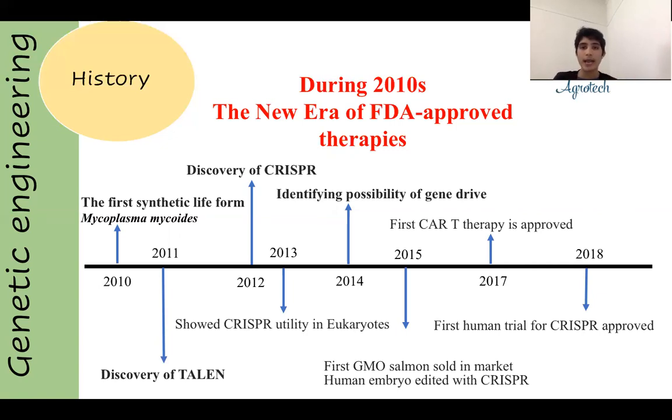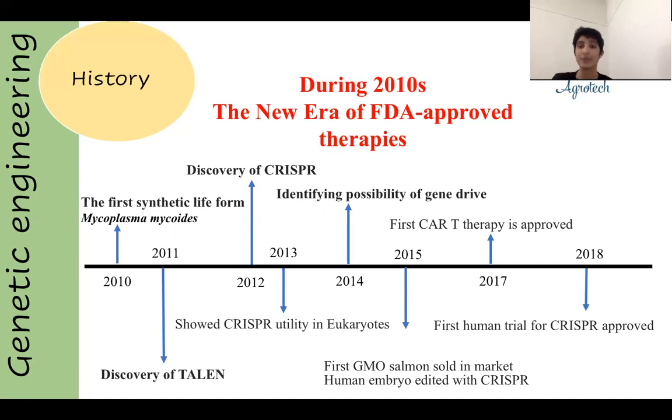And another one is identifying the possibility of gene drive. If there is a gene drive, there might be some bias in inheriting genetic material from parents to their offspring. Scientists identified the possibility of gene drive in 2014. Another one is the first cancer therapy approved using genetic engineering.